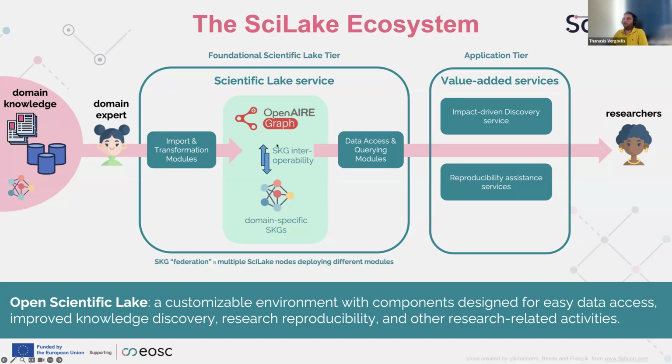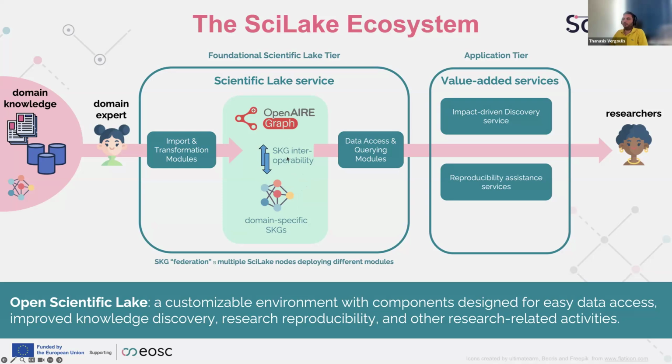The data from the domain knowledge are combined with metadata from the OpenAIRE graph, and this creates the domain-specific SKGs. Those SKGs are created in a way that some guarantees about interoperability are met.